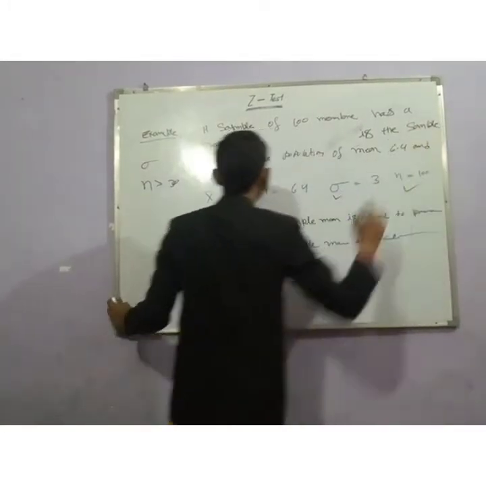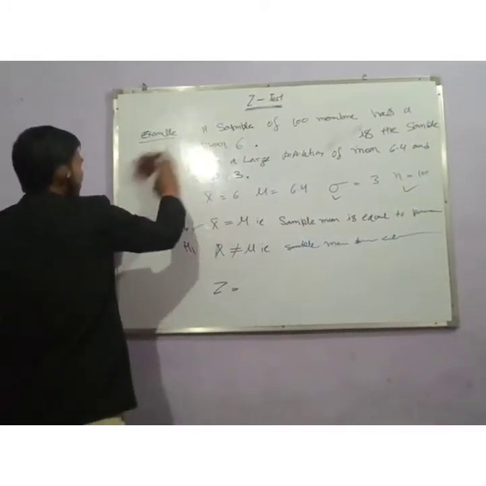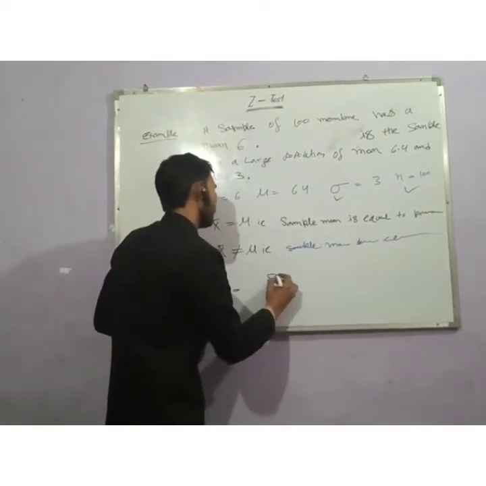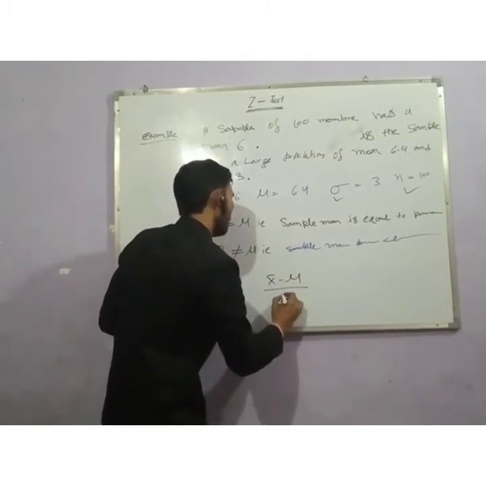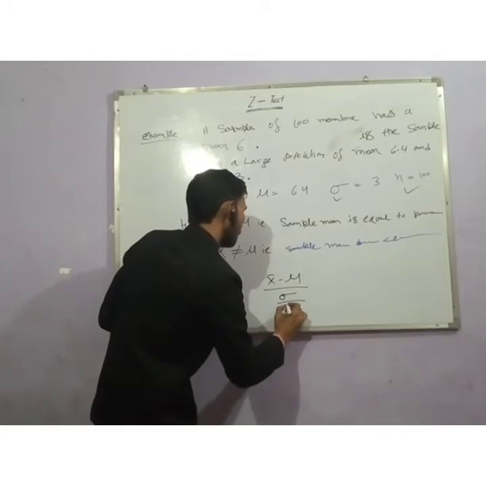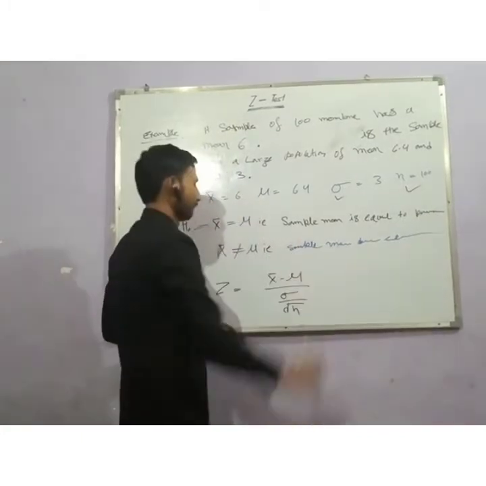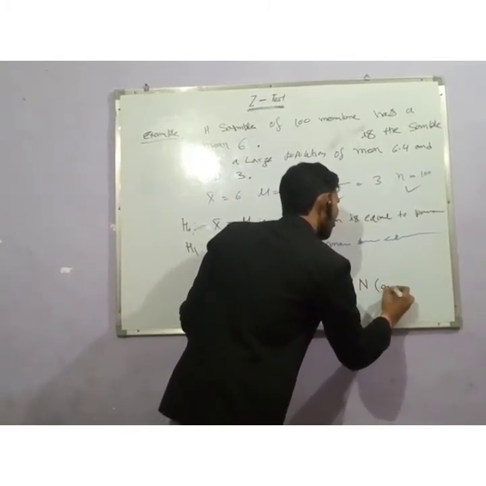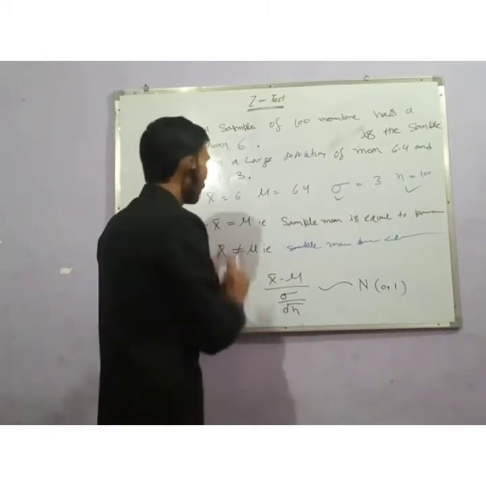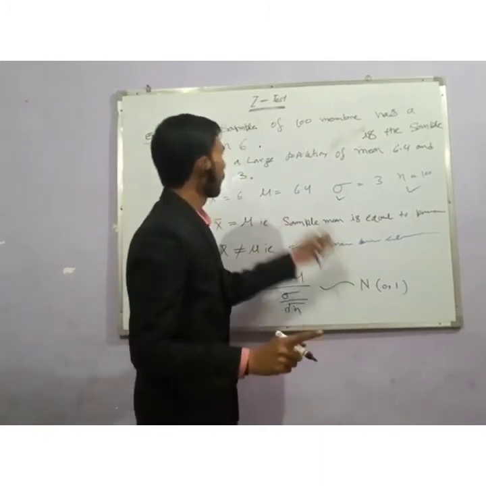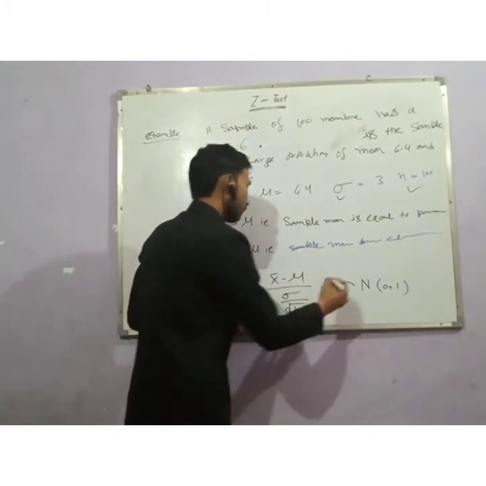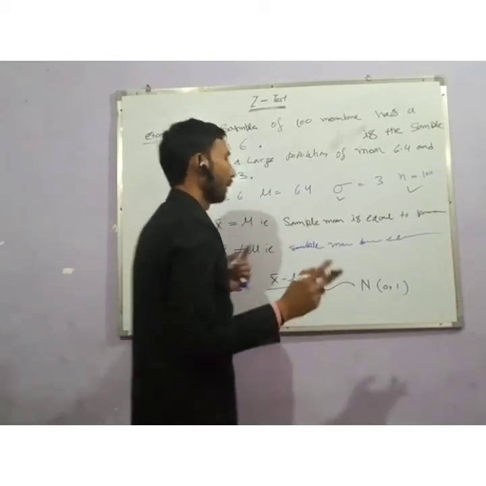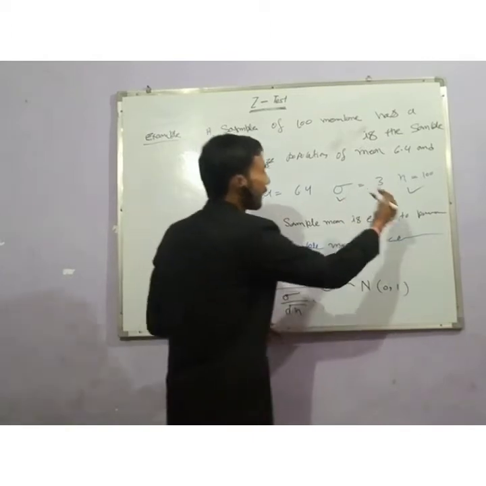This condition is also satisfied. So we use the first formula of the Z test: x bar minus mu divided by sigma divided by under root n. It follows the normal distribution. Why use this formula? Here only one sample is drawn from the large population, since the population standard deviation is known and the sample size n is greater than 30.